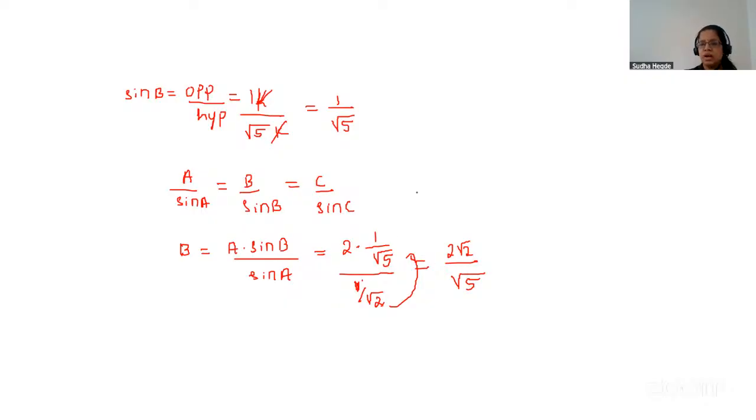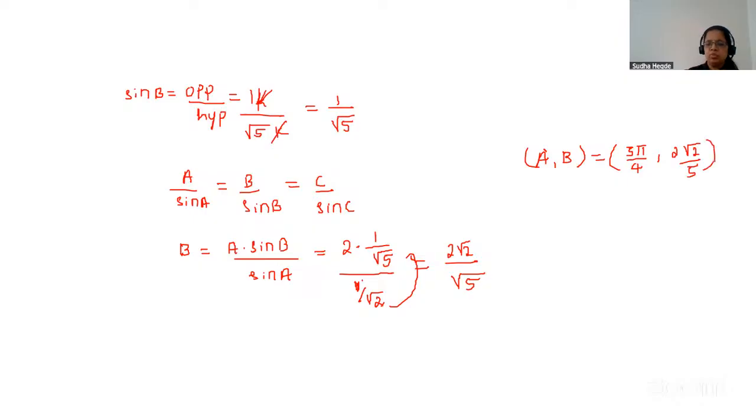Therefore, what is asked? You are asked to calculate ordered pair A, B. A you got it as 3 pi by 4. A is 3 pi by 4. And B, now you got it as 2 root 2 by root 5.